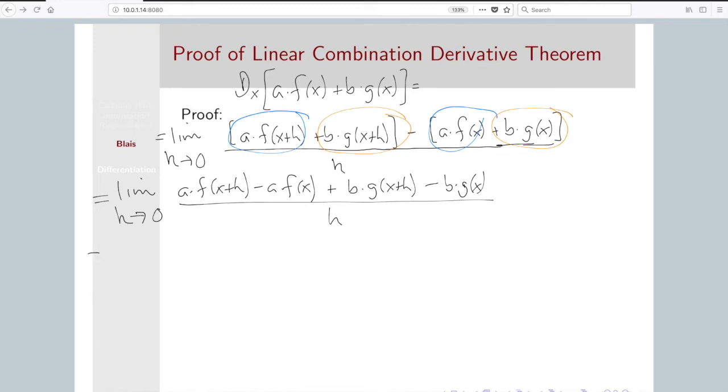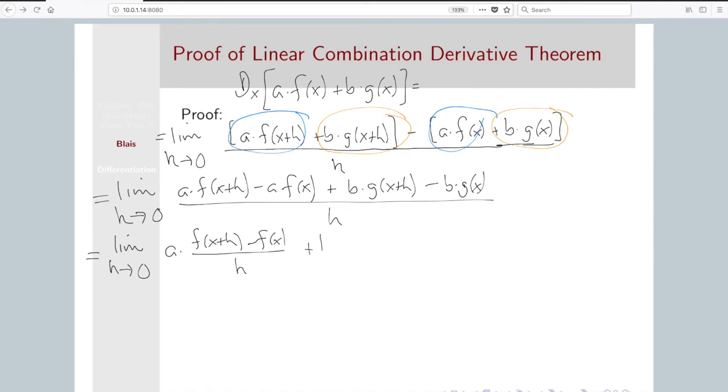We can now start using some limit laws. This is the limit as h goes to 0. Well, first of all, you can see that you can factor out an a between these two terms. So we'll have a times that difference quotient, f of x plus h minus f of x over h.